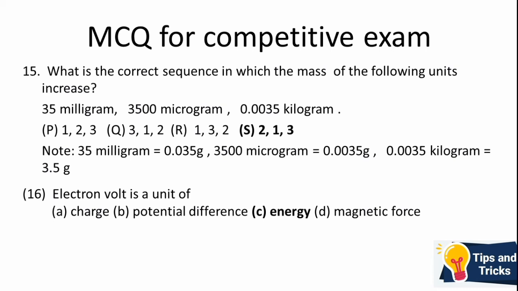By putting micro as 10 power minus 6. So it is the prefix value, and 0.0035 kg will be equal to 3.5 grams. Here I have substituted for kilo, I replaced it by 10 power 3.